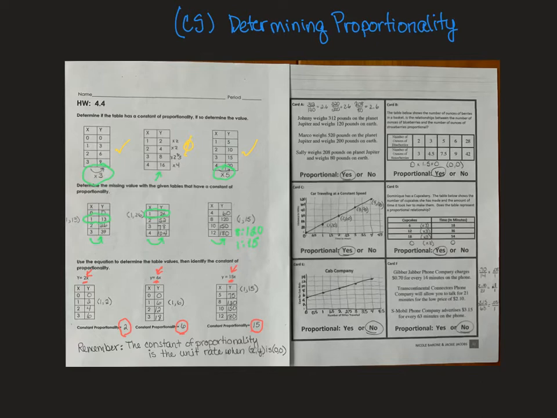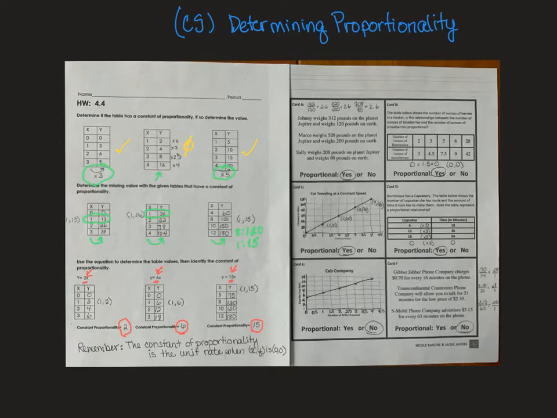Okay, let's go to the second one. I like this because it has really a variety of things, but sometimes the writing pieces are a little bit confusing for people.